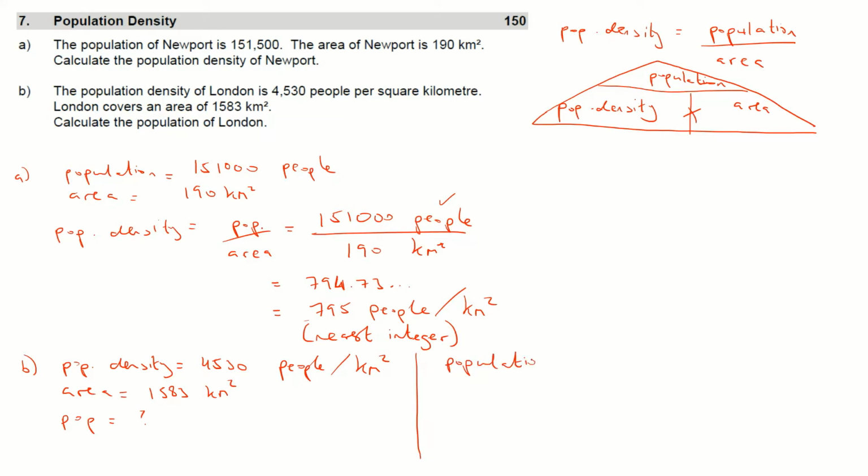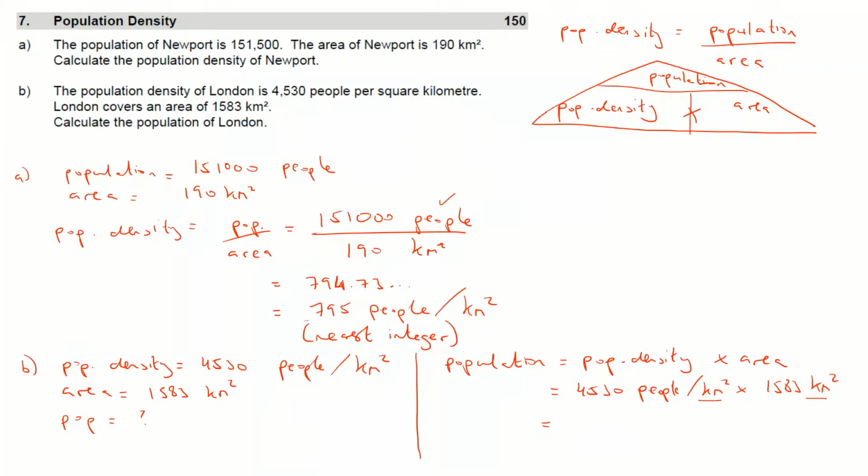If you look at the triangle and cover it up, you see it's actually the population density times the area. So the population density is 4,530 people per kilometer square, and the area is 1,583 kilometer squares. We're good to go, look, because these two match up.